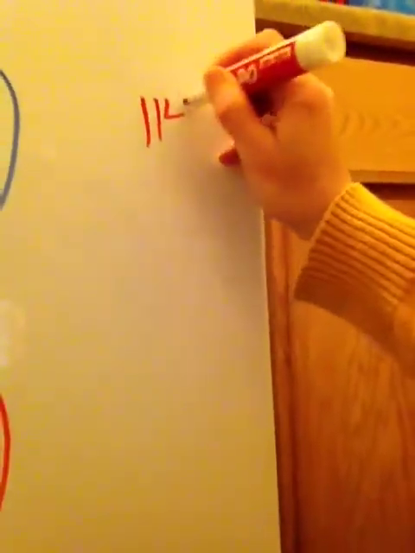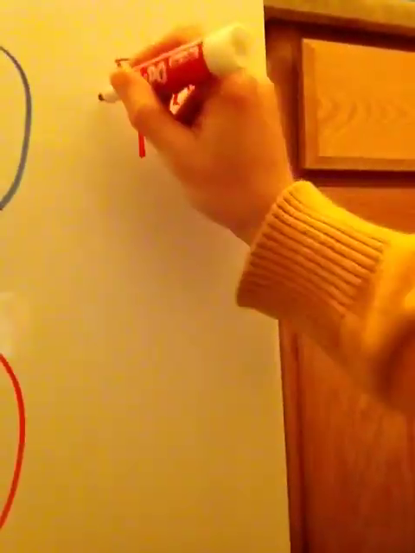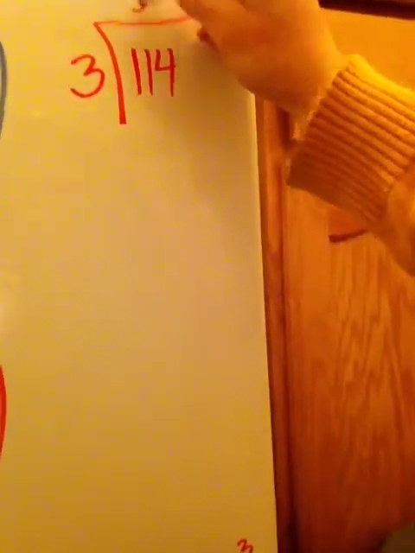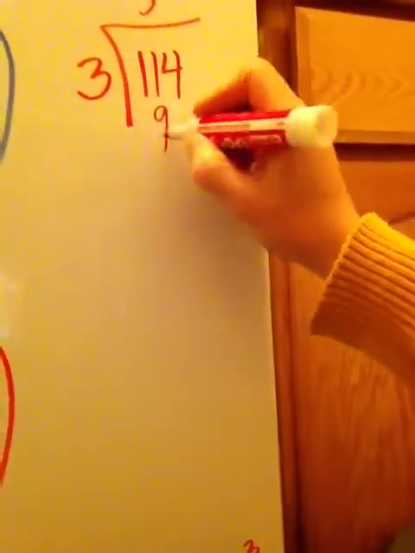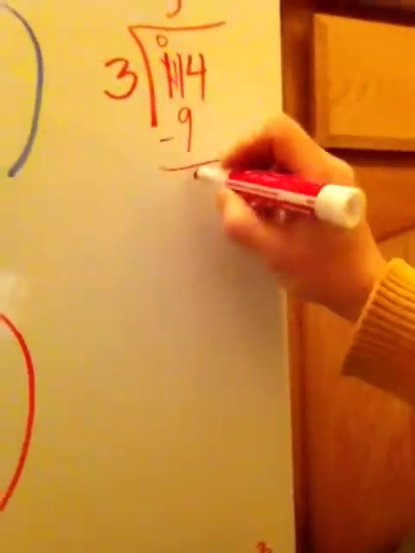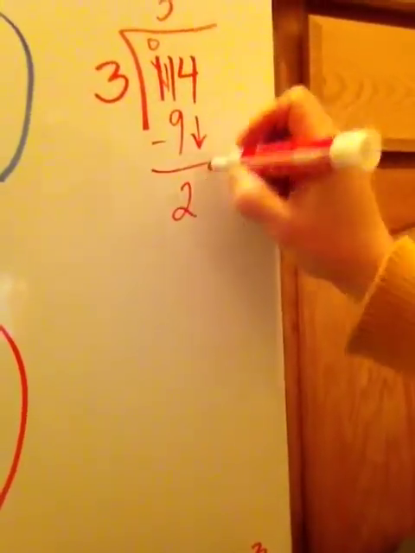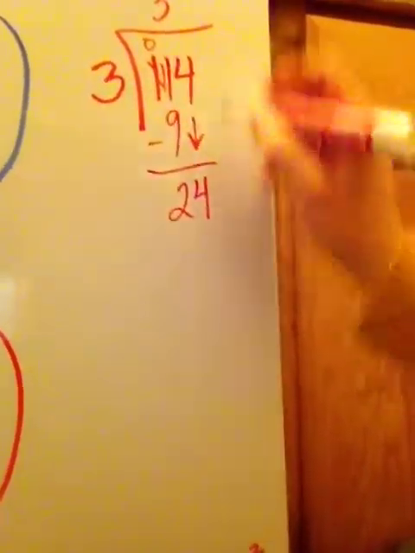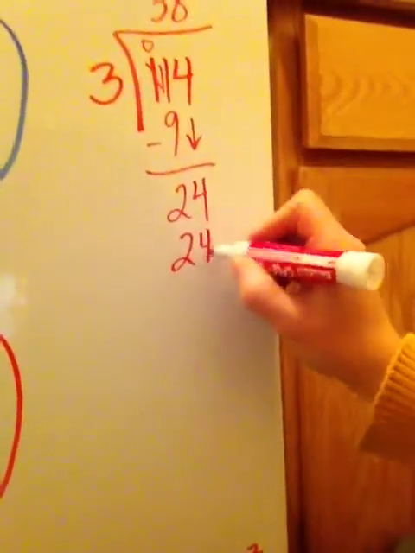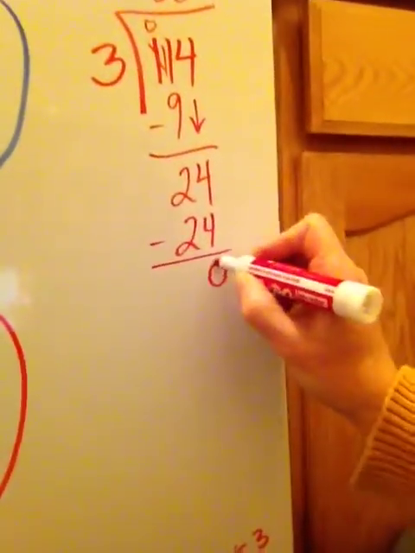So I'm doing 114 divided by 3. 3 will go into 11 3 times. 3 times 3 is 9. Subtract. I'm going to have to borrow. I get a 2 and bring down. 3 goes into 24 8 times. 8 times 3 is 24. And we're done.